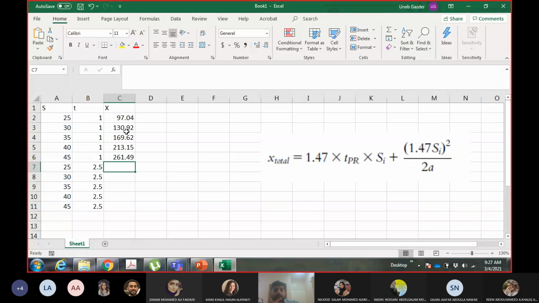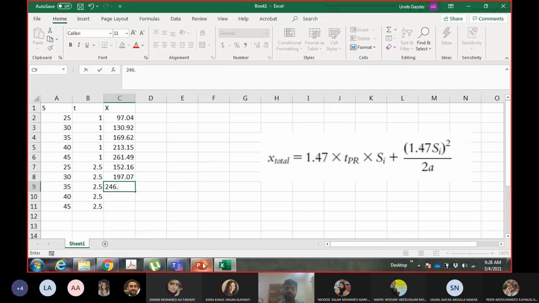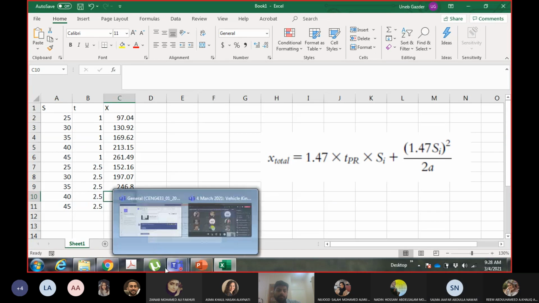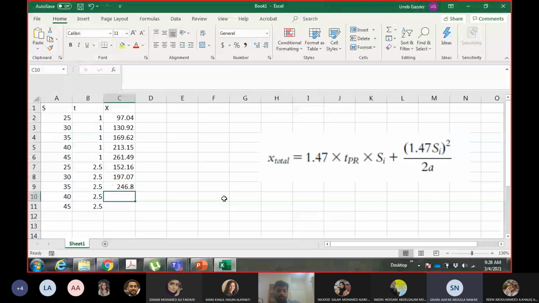2.5 seconds. 152.16. 197.07. 246.80. 301.35.